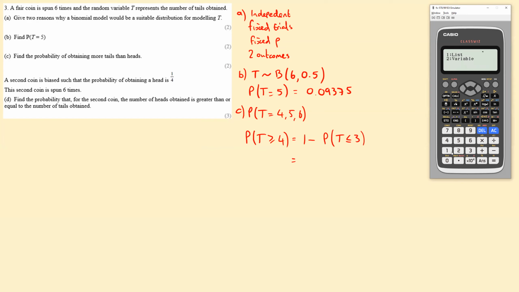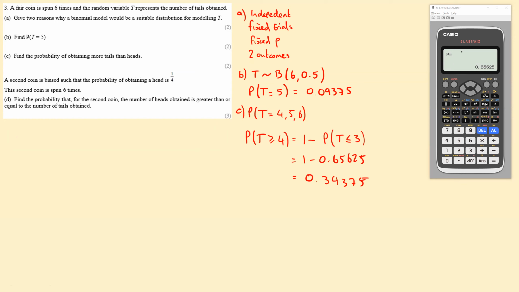So number 1 down here, variable, and then I just want to put 3 into there. I'm going to do 1 minus 0.65625, which is equal to 0.34375. And that's the kind of final answer there. We can then, of course, round it and whatnot.